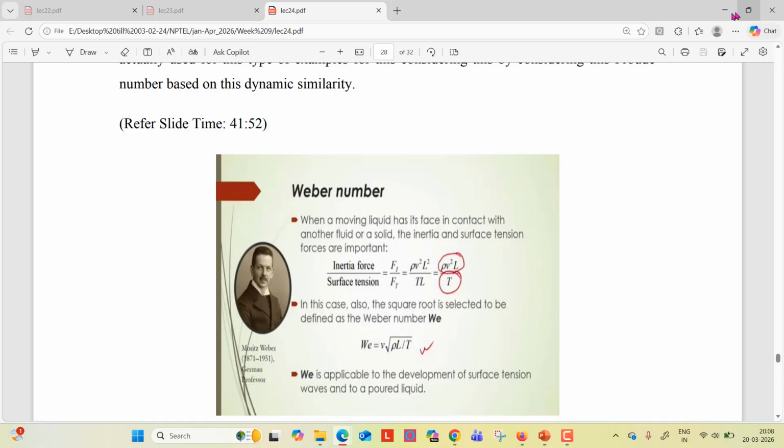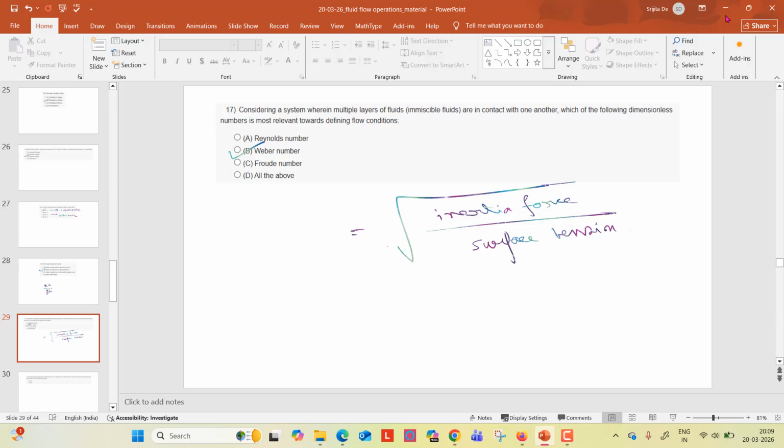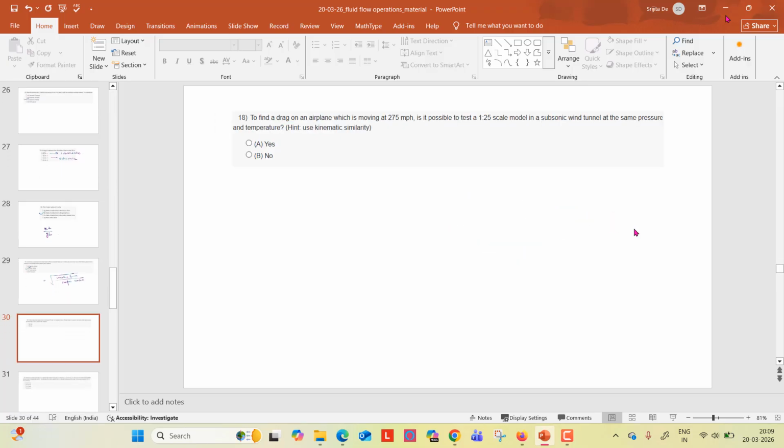So it is the root of inertial force by surface tension. So it is the Weber number: inertia force by surface tension.